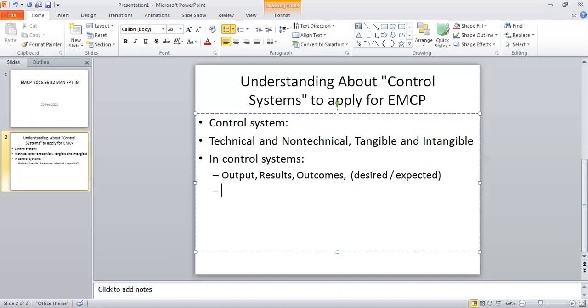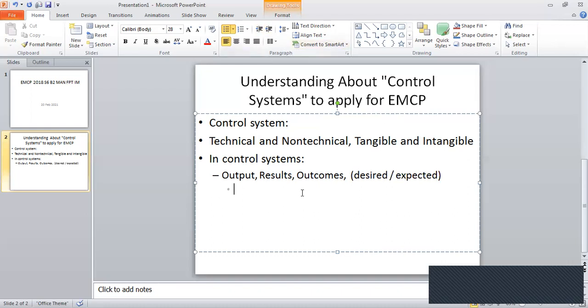To have this desired output or expected output, to achieve this desired, means output of your liking, desired or expected outcomes or outputs, the cause of actions and processes should be created.